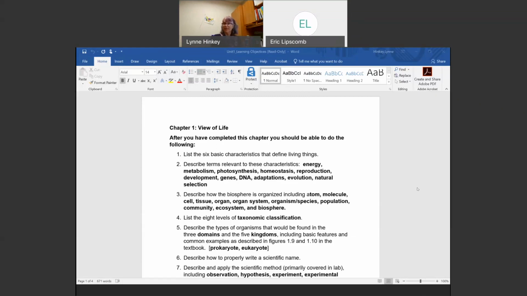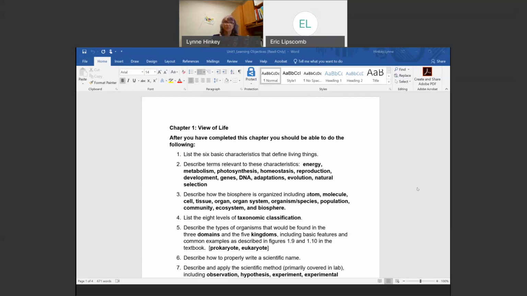If we add in the non-living components of that community, the air, the water, the soil, we have an ecosystem. And the biosphere is everywhere on Earth that can support life through ecosystems, so pretty much everywhere. Those are the levels of organization. We look for that organization in living things.